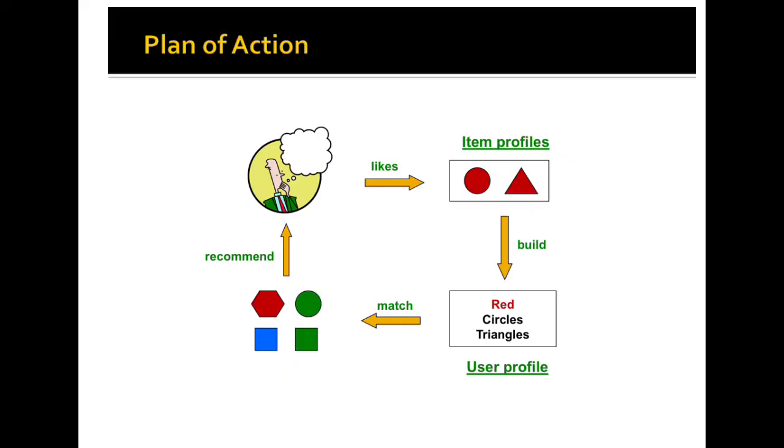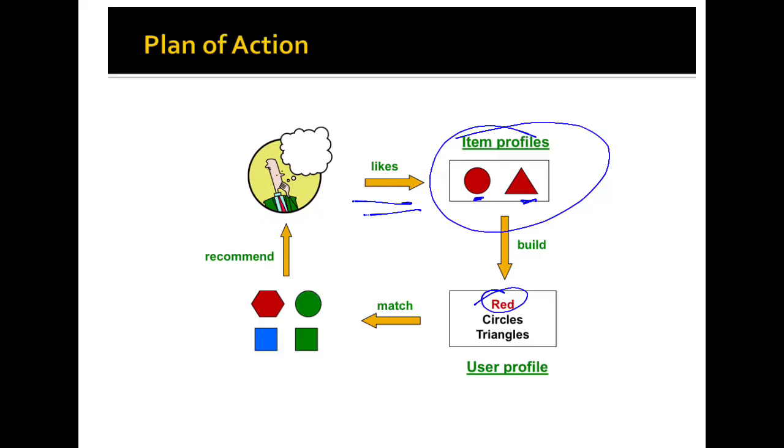So what you could do is, you have this data. You can look at the ratings, what they like, what they dislike, and then based on this build item profiles. Here you can see it's a red circle and a red triangle. He likes both of them, and the thing that is common in that is red.